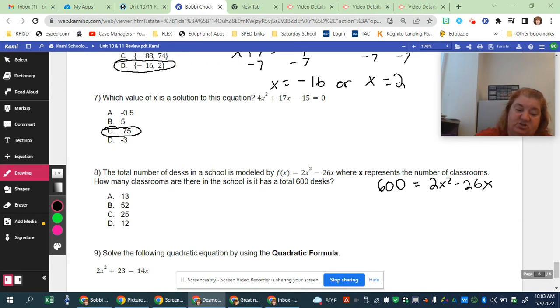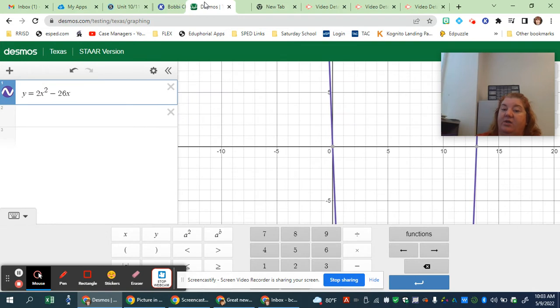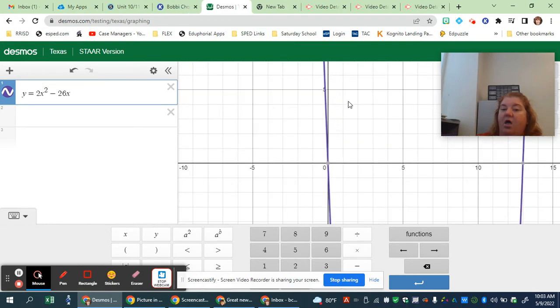And we're going to put 2x squared minus 26. Okay, so what you're doing is you could go all the way up to 600.